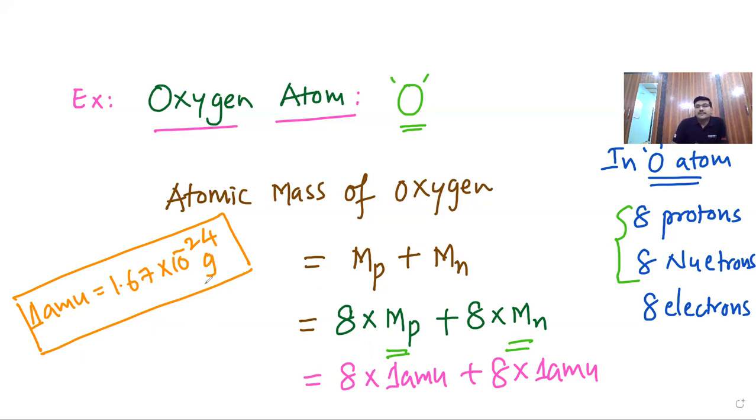G stands for grams. So the mass of a proton is almost equal to the mass of a neutron. Both are 1 AMU.